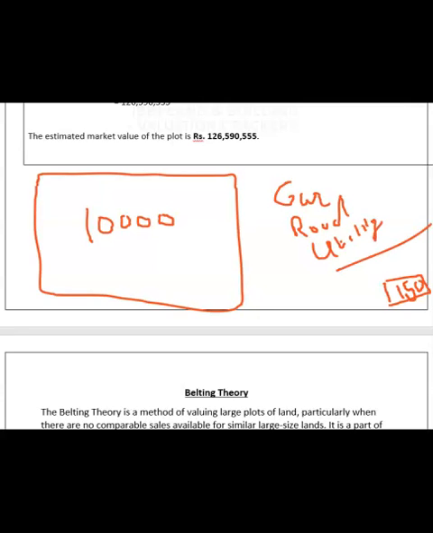Say this is a 10,000 square meter area, and 40% of the area is required as per the master plan for garden, road, and other utility. So only 6,000 square meter can be sold.